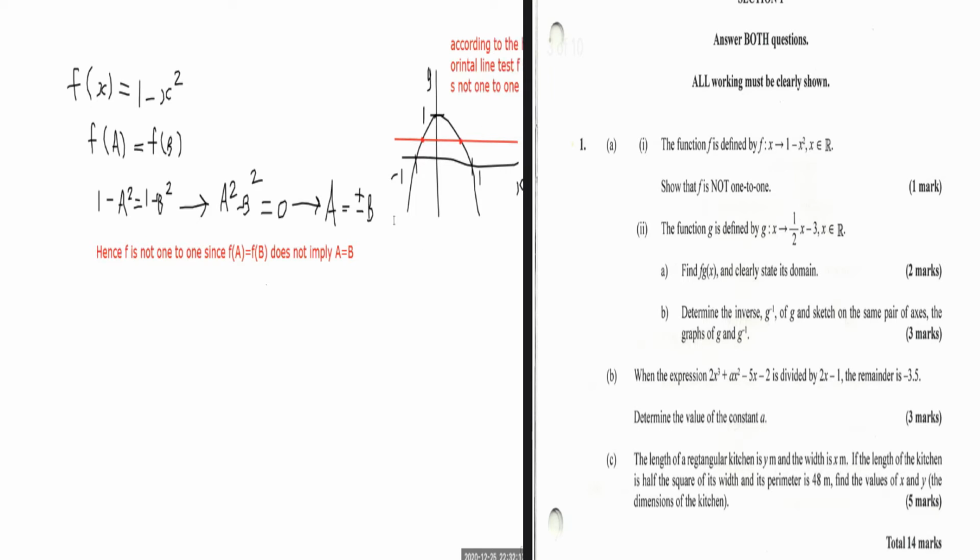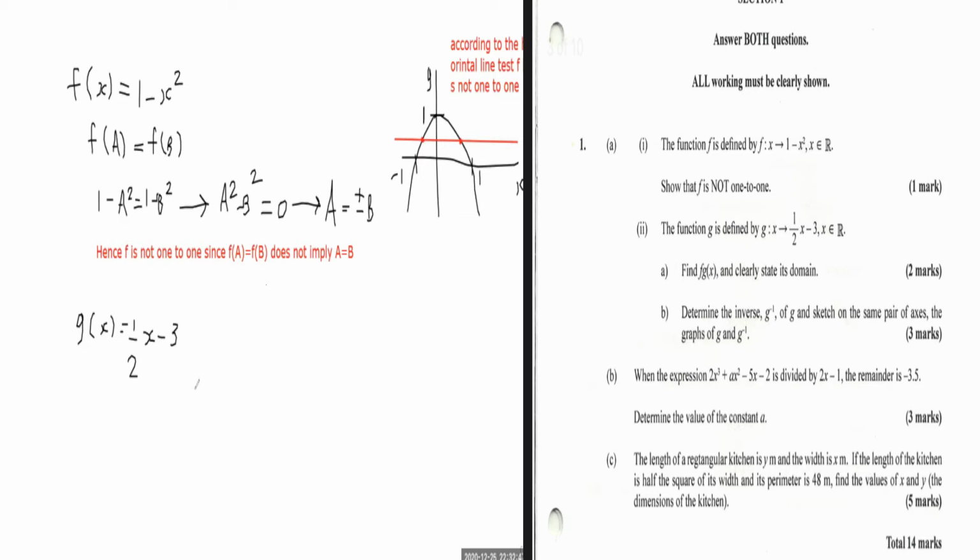Let's look at the next part of the question now. It says that g of x is a half x minus 3. Now, if g of x is a half x minus 3, what does that mean?